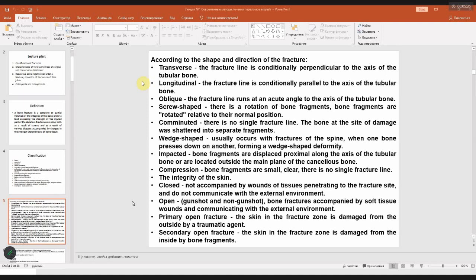Open, gunshot and non-gunshot: bone fractures accompanied by soft tissue wounds and communicating with the external environment. Primary open fracture: the skin in the fracture zone is damaged from the outside by a traumatic agent. Secondary open fracture: the skin in the fracture zone is damaged from the inside by bone fragments.